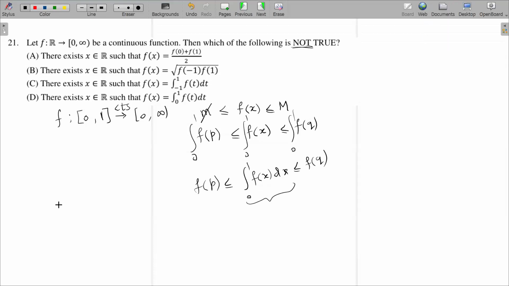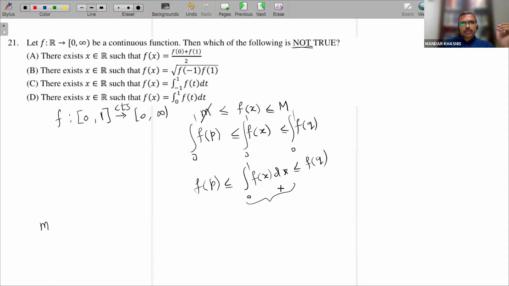As a passing remark, I must say there is nothing great about this argument. In general, if m and M are the bounds, then we can always say that m ≤ (∫ₐᵇ f(x) dx)/(b−a) ≤ M, whenever we are talking about a closed and bounded interval.